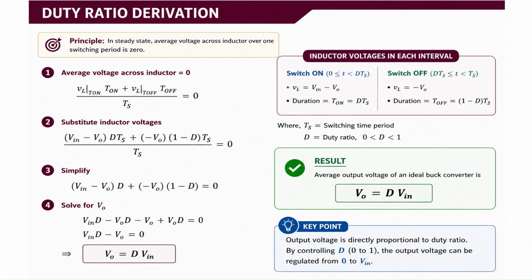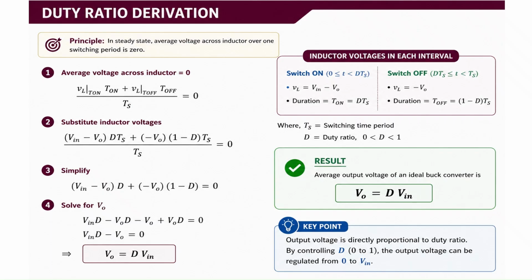The inductor has two conditions: the voltage during the on condition, VL at T on, and VL at T off, the voltage in the turn off condition of the switch. So the average is VL at T on into T on plus VL at T off into T off, upon Ts, the total time period, equal to 0. This is the expression for the average voltage across the inductor.